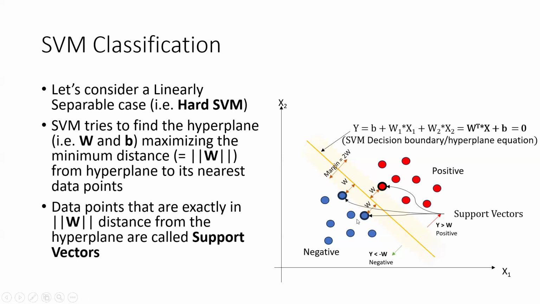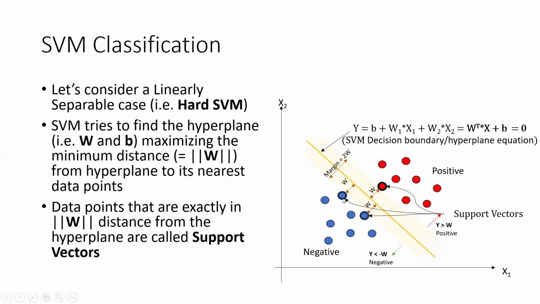So what we want is to make this classifier, right? In this case, we are discussing hard SVMs, where we assume that the data points are linearly separable. That means we can use this linear decision boundary and classify all the data points with 100% accuracy. So we are going to find the values for these w and b.